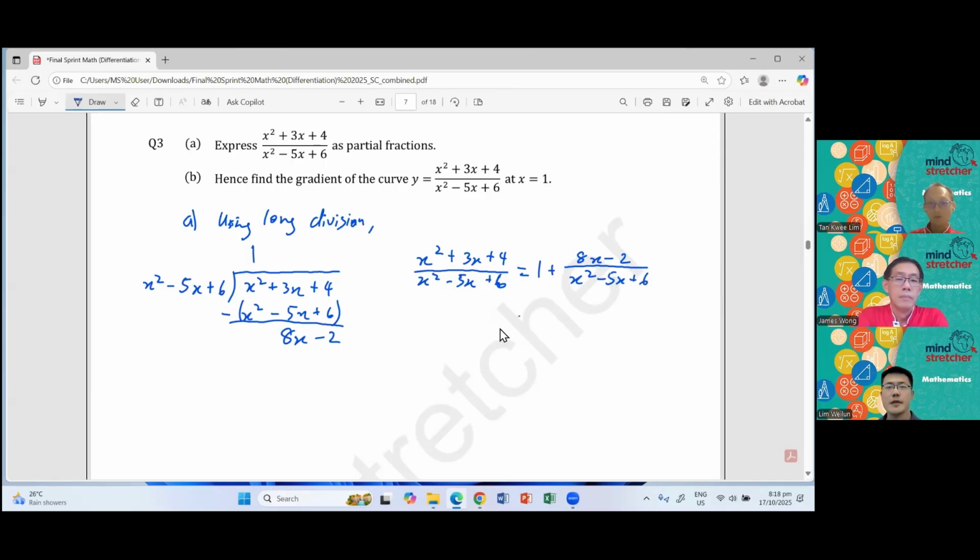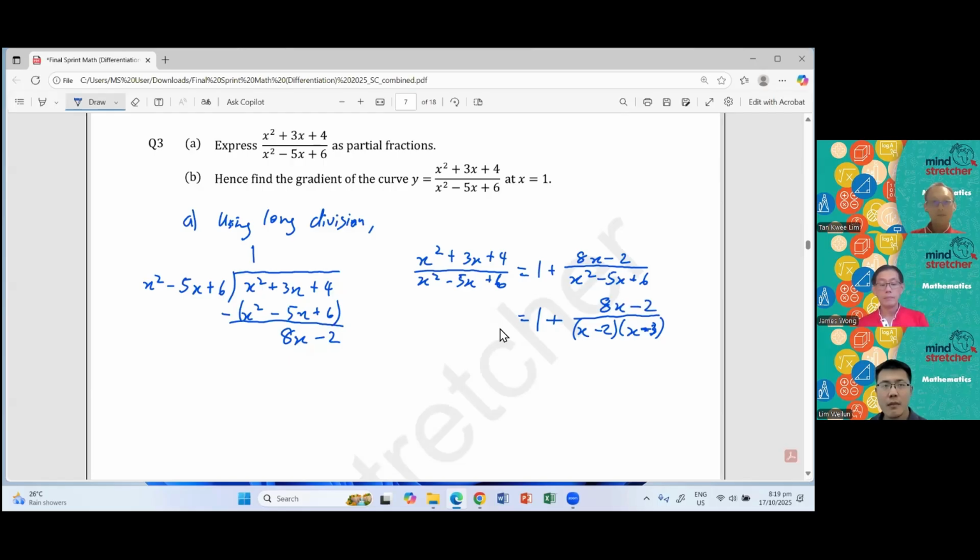Okay, and you will see that we could have factorized this. But just to consider this division, to take out this one whole first, I didn't do a factorization so early. So over here, we can rewrite this: x squared minus 5x plus 6 is just going to be x minus 2, x minus 3. Of course your numerator is 8x minus 2.